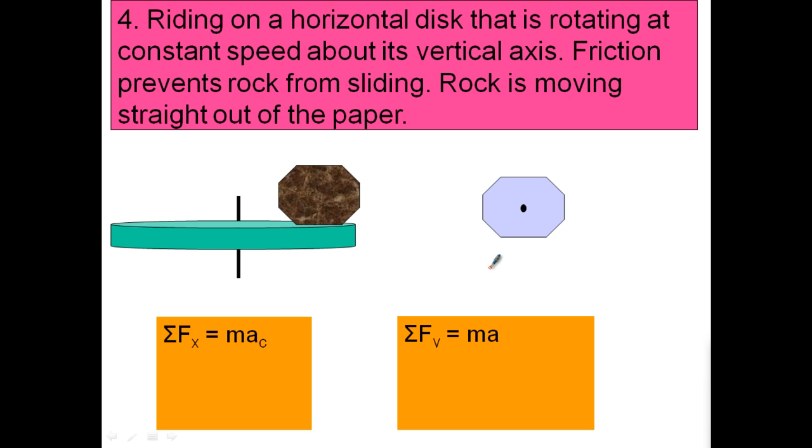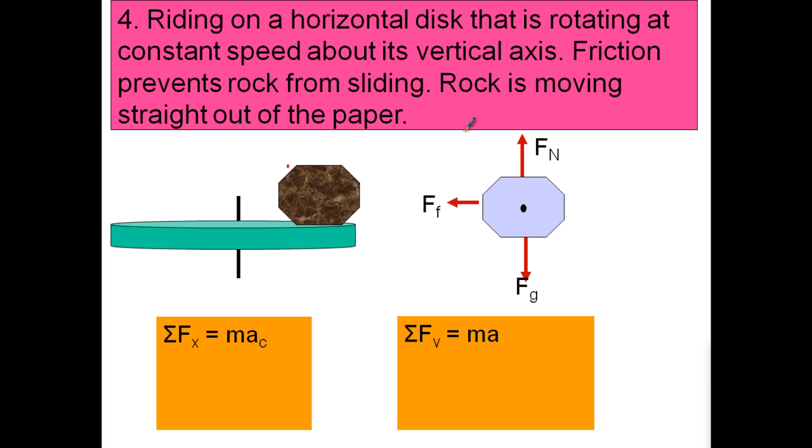This time, this rock is riding on a horizontal disc that is rotating at a constant speed about this axis right here. And friction prevents this guy from sliding off the table. And the rock is coming right at you out of the paper again. So we got gravity going down, normal force going up because it's resting on the surface, and we got a frictional force pointing towards the center.